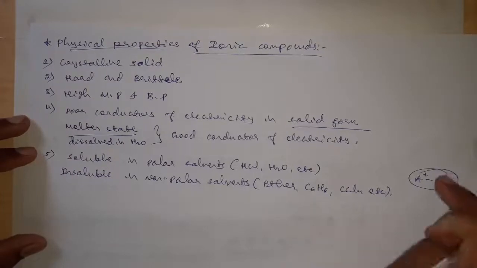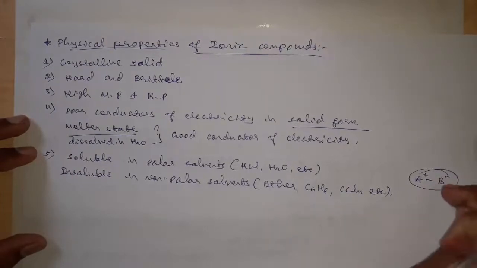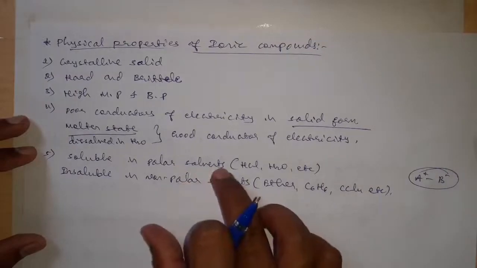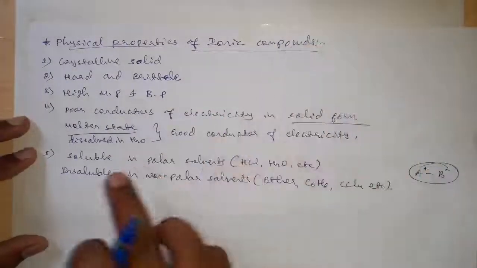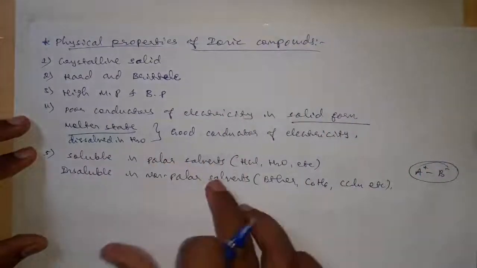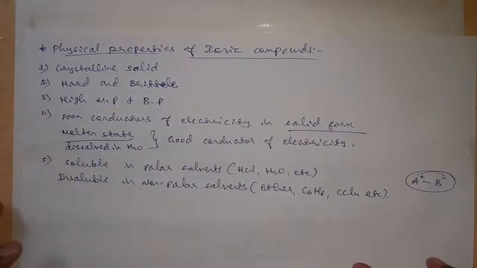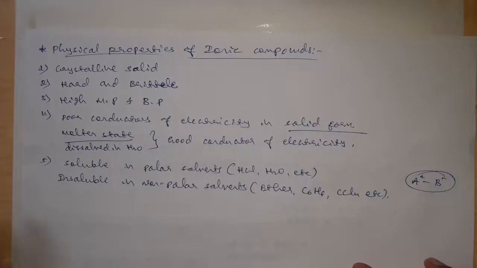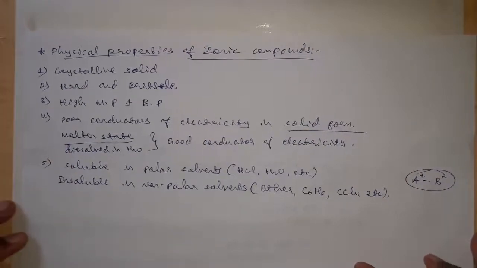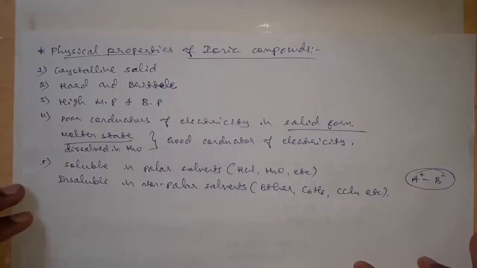Therefore, to dissolve this polar compound, we require a polar solvent only, and hence these ionic compounds are soluble in polar solvents and they are insoluble in non-polar solvents. This is all about the ionic bond, the factors which are affecting ionic bonding, and their physical properties.